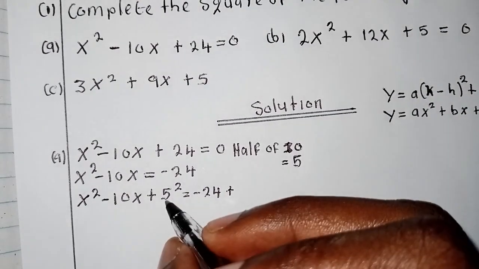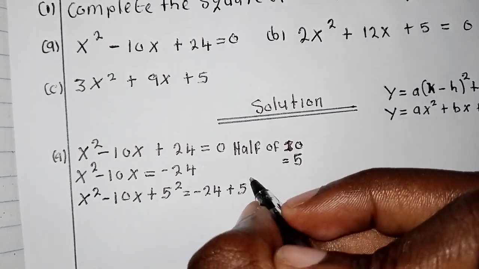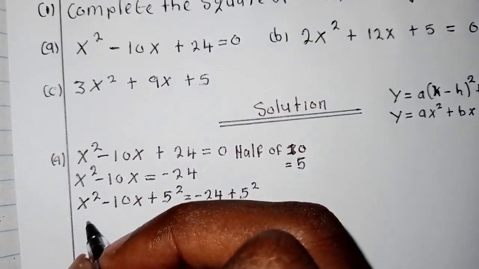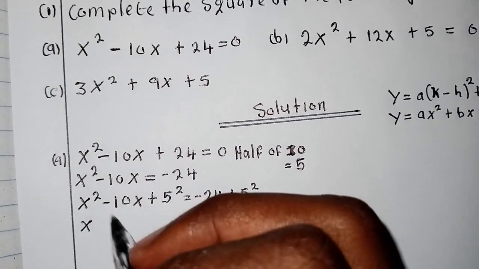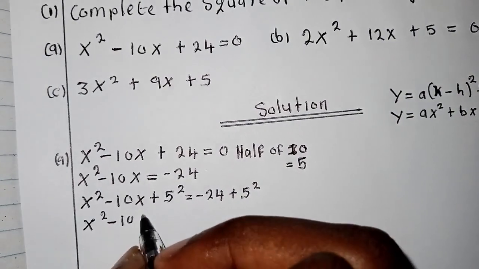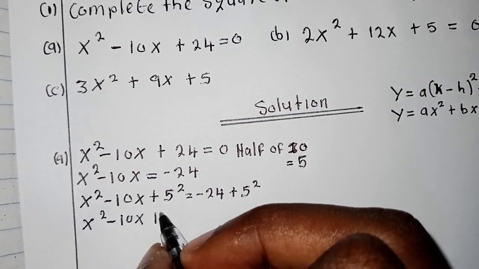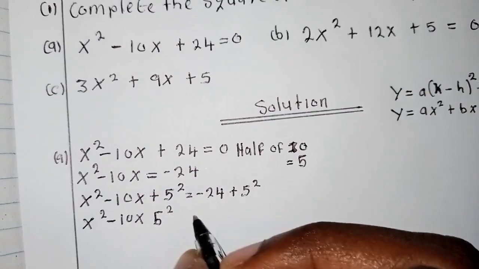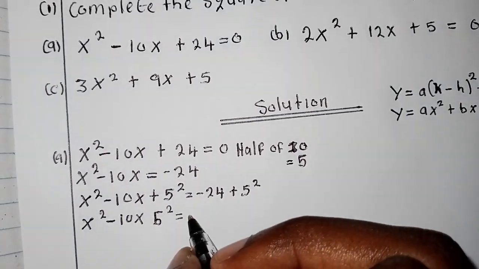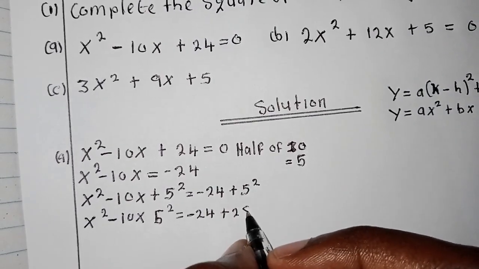Since you add it on this side, you also add the same half of 10 to the power 2 on the other side. So this is going to be x to the power 2 minus 10x plus 5 to the power 2 equal to negative 24 plus 25.